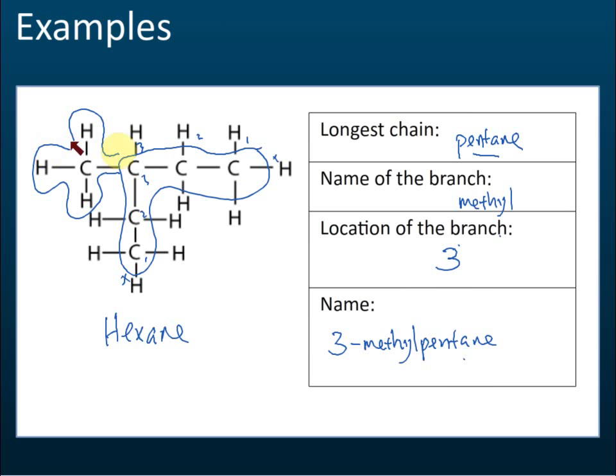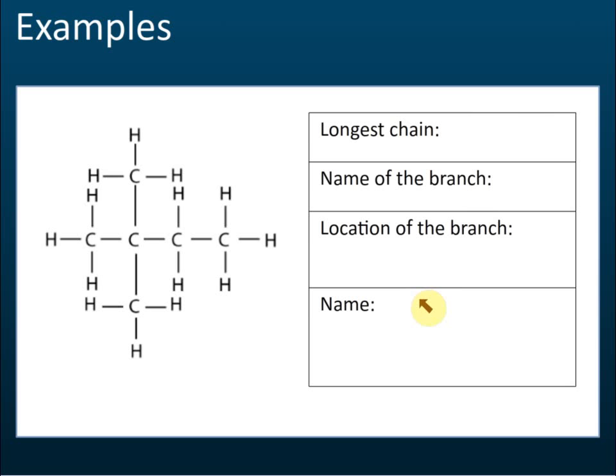From this example, we learned that the longest chain does not necessarily have to be horizontal or a straight line. Tell me, what's the number of carbons in the longest chain? You can only choose 4 or 5. 4 carbons, yes, that's correct.